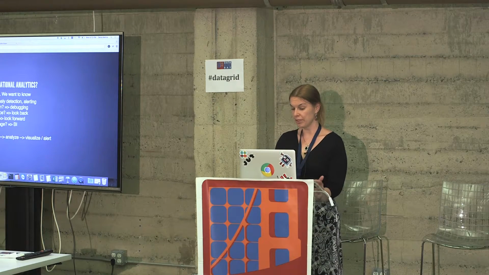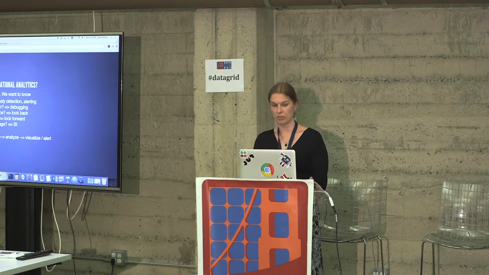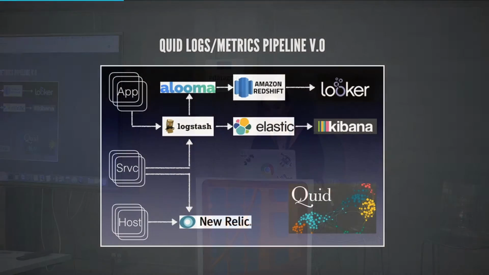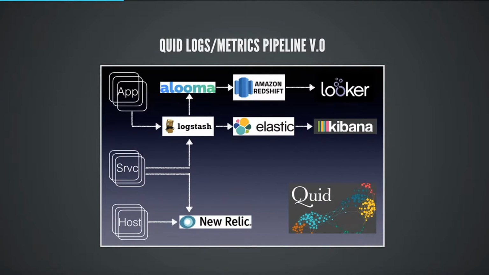And we have a pipeline for this data. There's a monitoring stage, we store the data, we analyze it, we visualize or alert on it. This is what it looks like for us right now. We have custom app logs and sort of metrics, not quite metrics, they're metrics, but incorporated in log lines as JSON blobs.